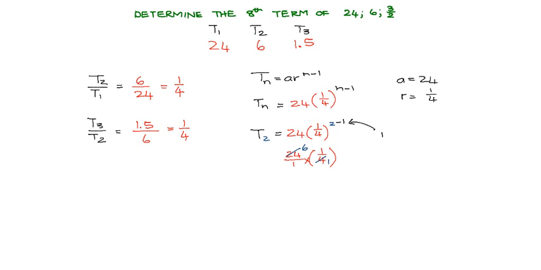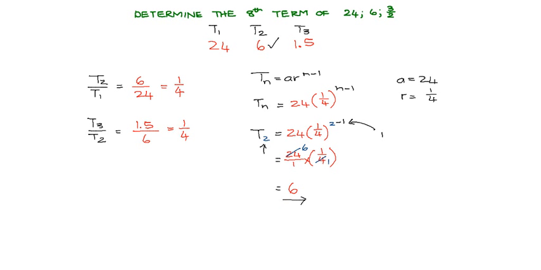We clean up that mess, which there is a fair amount of. Our answer is 6. Let's put in our little equal signs here so it looks all neat. And let's check. Is the value of our second term 6? Yes, it is. So what we've done now is just proven that this general nth term is correct.